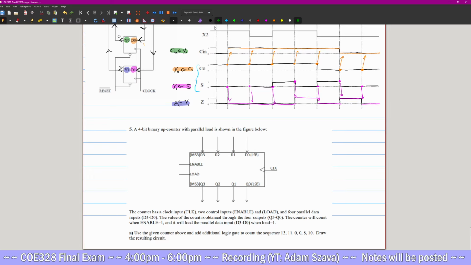I would just remove one of the zeros. Okay, so just ignore that. You can include this as well. It's not particularly hard. It's just a bunch of K-maps. I would remove one of the zeros there.